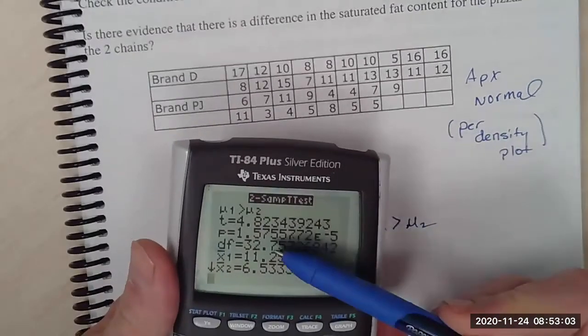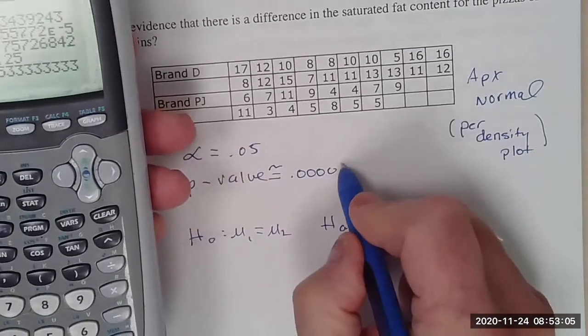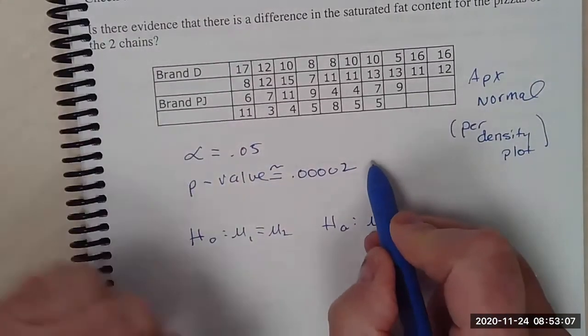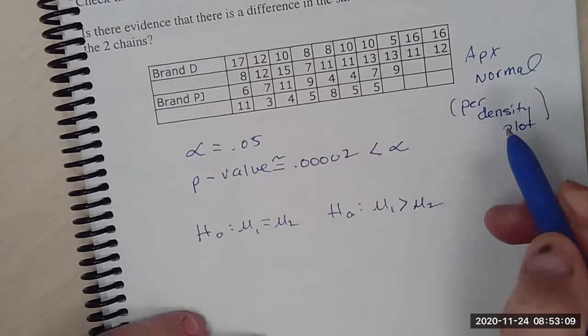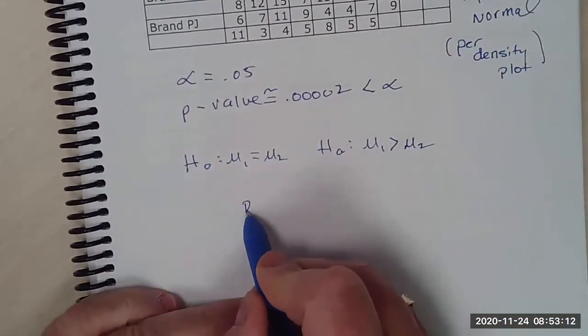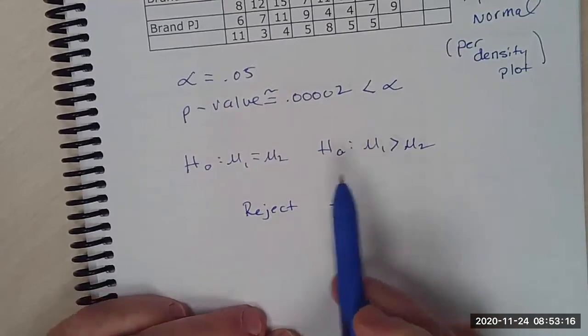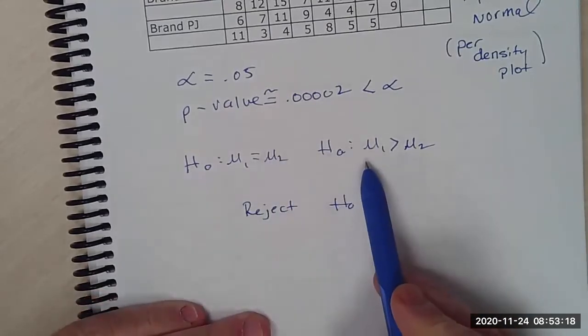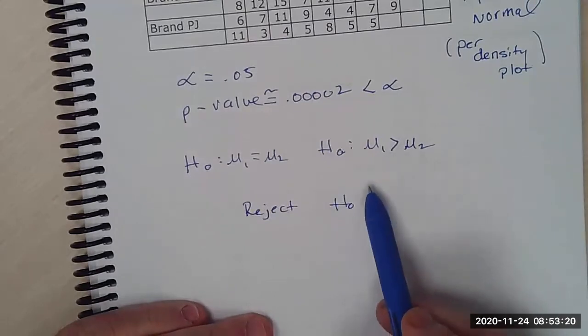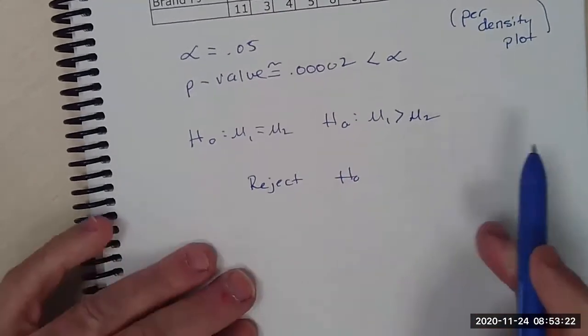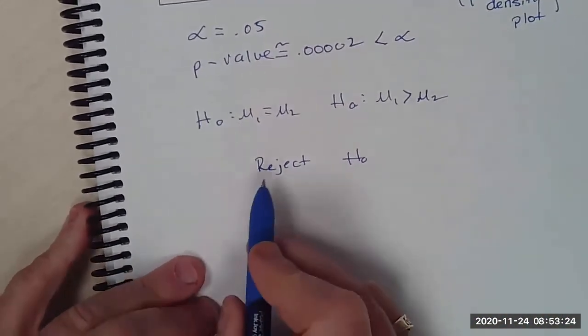And then the next number might be a 2. Might be a 2. Oh, that's less than my alpha. So what do we do? Reject the null. Reject H sub naught. So we throw that away. Yep, looks like there's enough and strong sample evidence to support this claim.